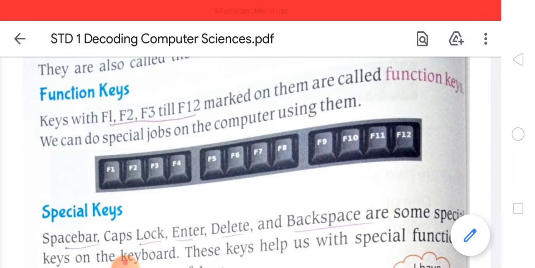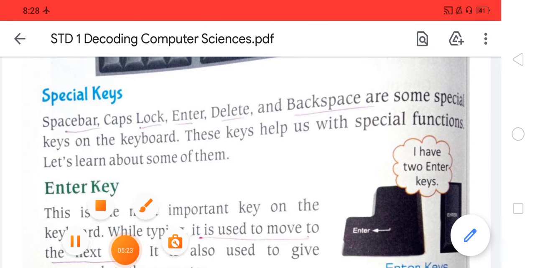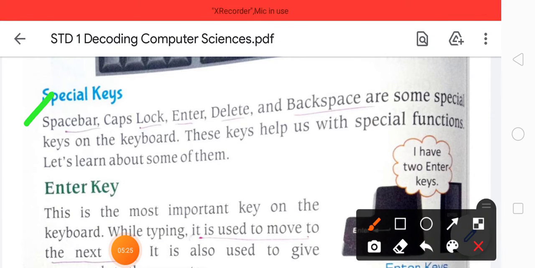We can do special jobs on the computer using them. Okay, then special keys, space bar, caps lock, we already talked about that. Now we are going to learn more about the enter key, delete key, and backspace key.